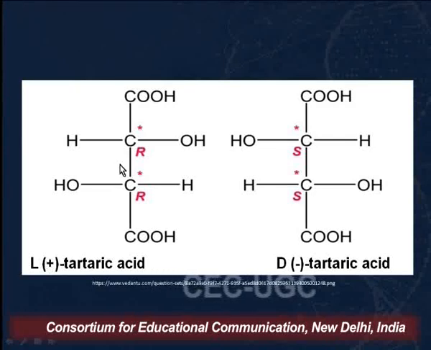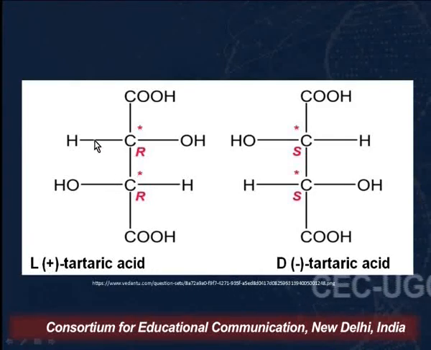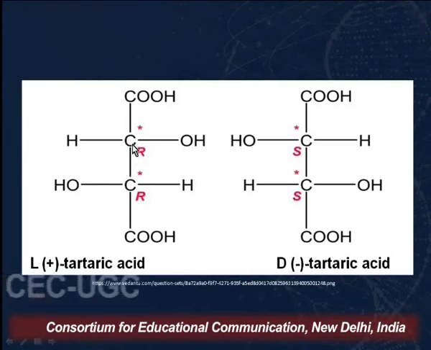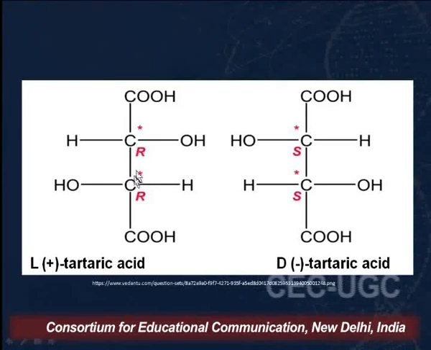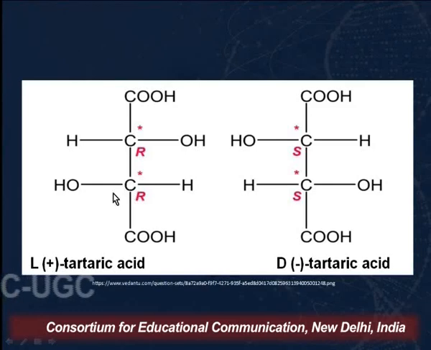Now if we compare this structure with the structure of glyceraldehyde, what do we find? At the highest numbered asymmetric carbon, this carbon is asymmetric, and then this third carbon is also asymmetric. On the highest numbered asymmetric carbon, the OH is on the left hand side.